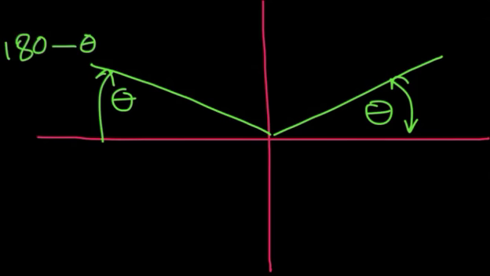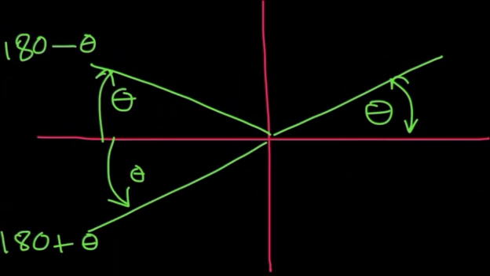If we wanted to measure the angle in the third quadrant, then we measure downwards from the horizontal into the third quadrant. This angle is considered to be 180 plus theta degrees. And if we want to measure the angle that's in the fourth quadrant, we measure downwards again from the horizontal, but now we're measuring from a full revolution, so it'll be 360 minus theta degrees.